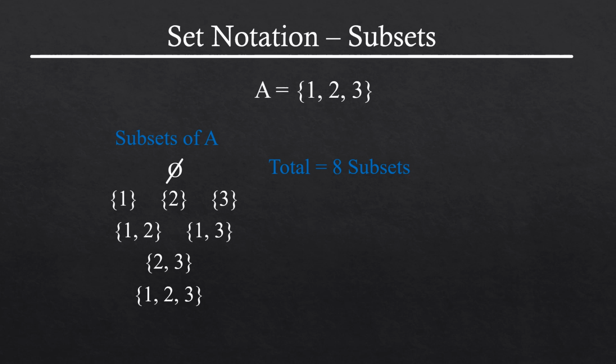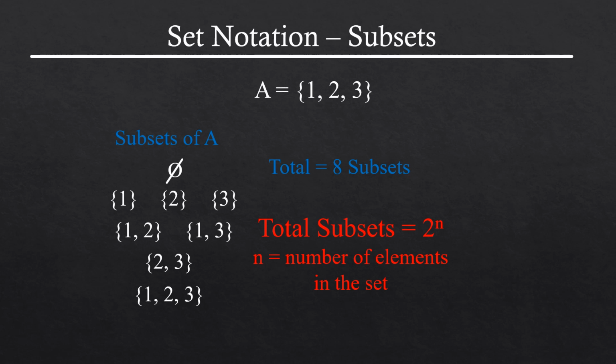So I'm going to give you a mathematical formula to help you out. It turns out that the total number of subsets is given by this formula, 2 to the n power, where n is the number of elements in the set.